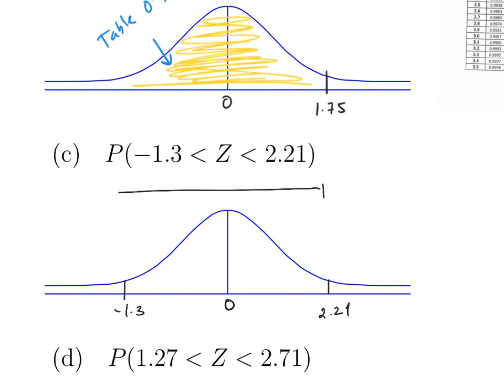We did this already. For 2.21, what's all the area that goes to the left, the one that we call the yellow area? It was 0.9864, right?